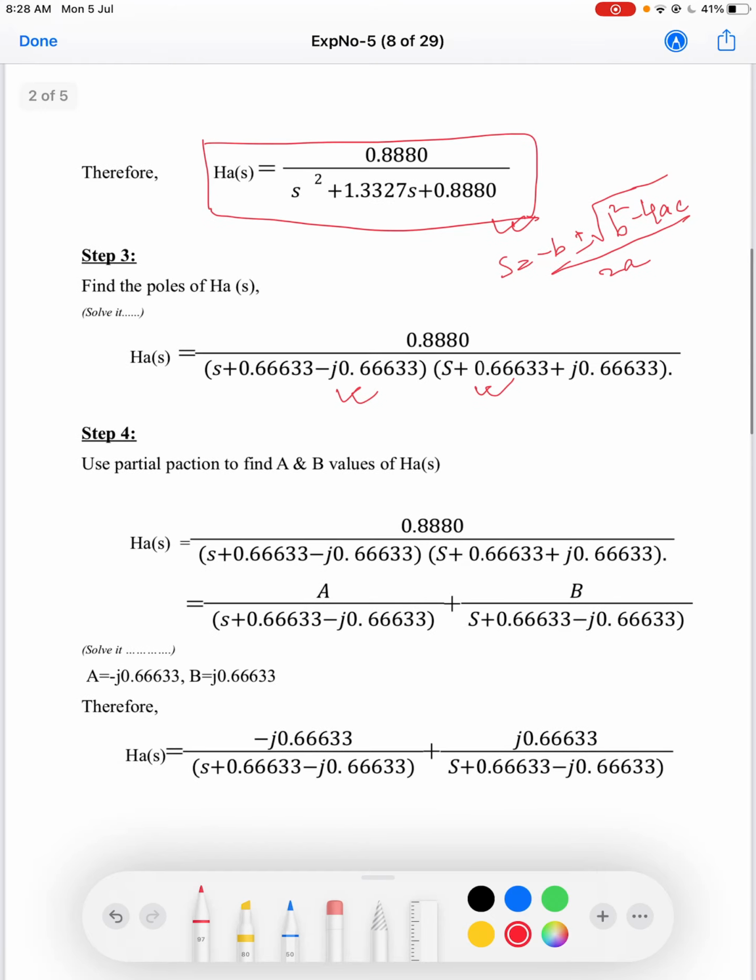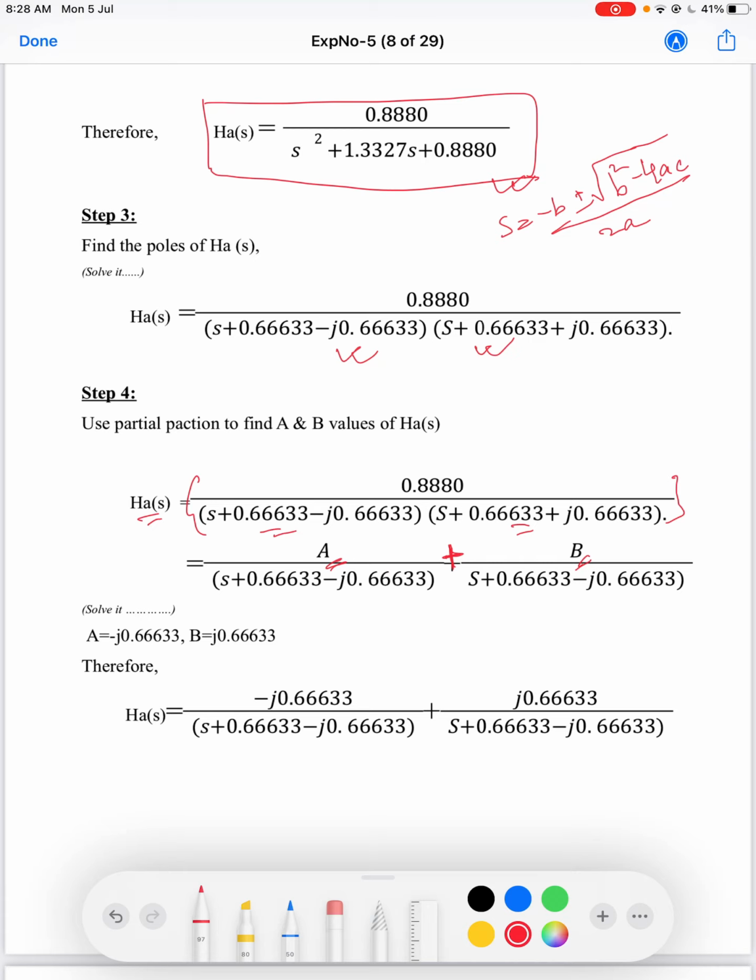Here, using partial fractions, I guess you know how to use partial fractions. I'm not going to teach you in this class, so please refer to other videos for it. So my HA of S is equal to this much. Because there are two poles, I'm dividing into A and B. This is a plus sign, it's not so prominent.